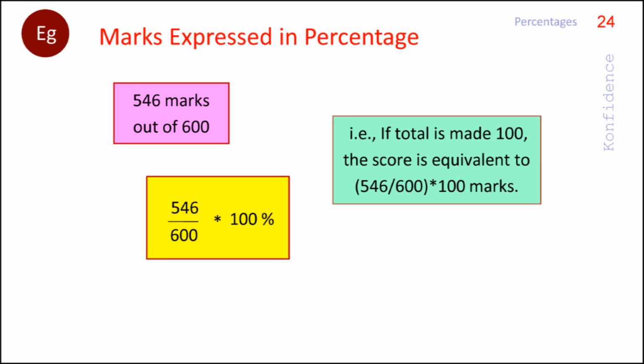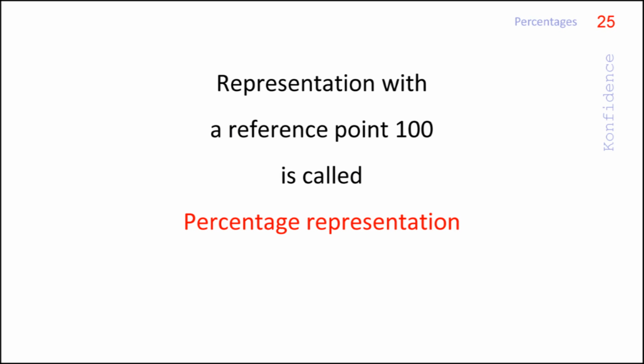Or, in other words, if the total were 100, you would have got 546 divided by 600 into 100 marks. Here, we equate 600 to 100 and find out the value that is termed percentage marks. Representation with a reference point 100 is called percentage representation.